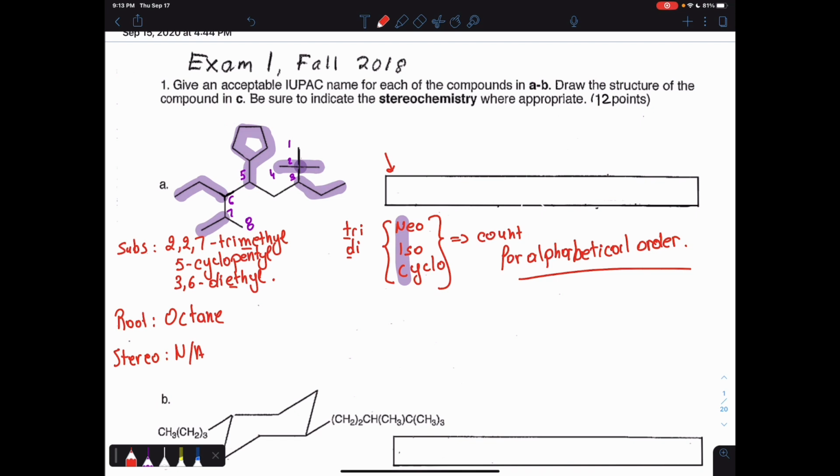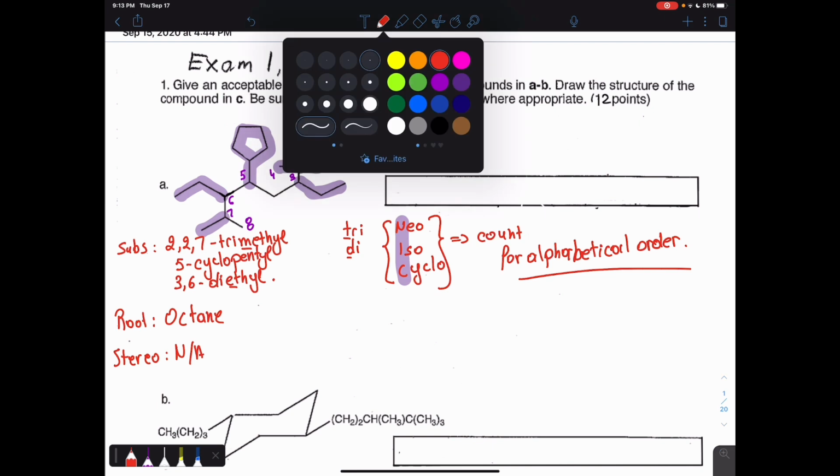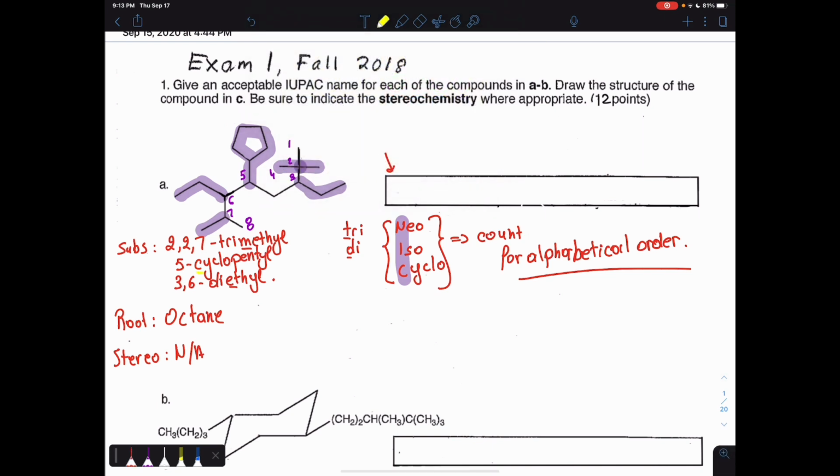So now we want to put the whole thing together. The first thing is we have to compare the C, M, and then E. We know C is the first one in alphabetical order in comparison to those three, so it's going to be 5-cyclopentyl. Then we have ethyl versus methyl.